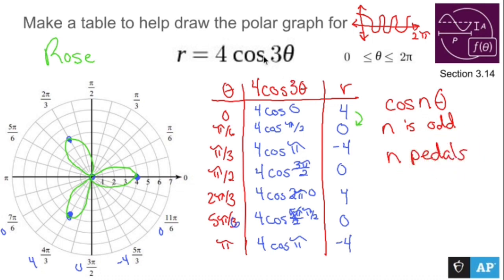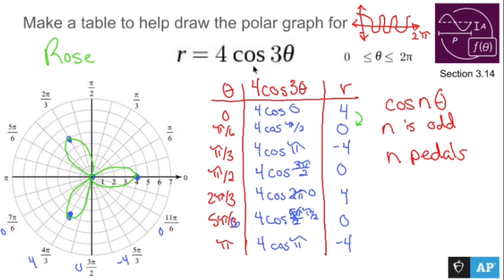So if you see a problem like this on a test and it's for cos 5 theta, you can expect a rose with 5 petals. If it was sine, it would start out at a different spot. It would just kind of shift over a little bit, almost as if this was a fan moving counterclockwise just a little bit.